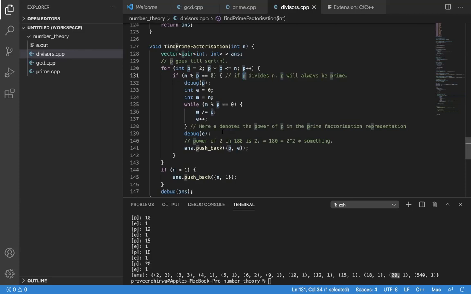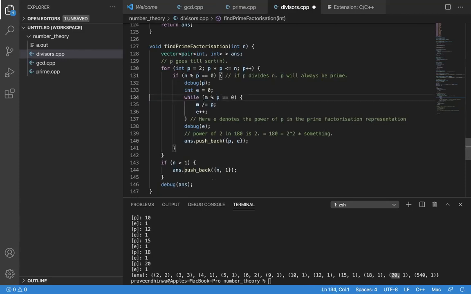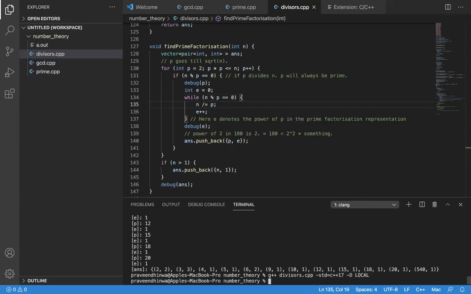So if you remove all the occurrences of prime, then the next number you are iterating will definitely be prime. So if you do this, you can see that in each iteration, this p, let's only print p.